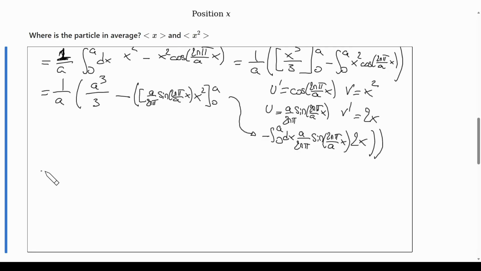This gives us a squared over 3 minus, so again here sine 2 n pi over a times a is sine 2 n pi, which is 0, and sine 0, which is 0. So this is 0. Then we have a minus here, a minus there, so it's a plus.